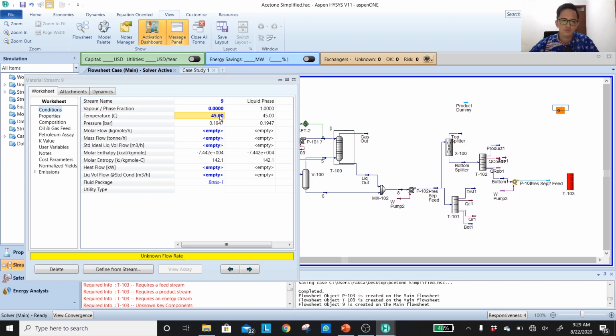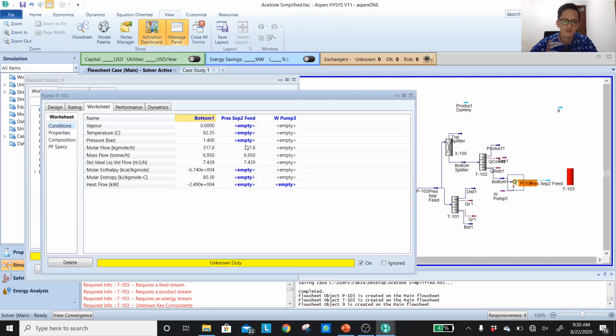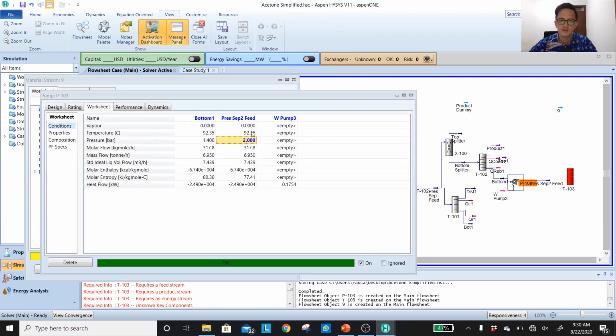And again, we don't want to do that. So I'm going to compromise the temperature. We'll use the mildest pressure, another 1.2 bar, slightly above atmospheric. It's atmospheric, but prevents any vacuum condition. 85 degrees C, that's very doable. So I guess we will have a similar pressure profile in the second distillation column: 1.2, 1.4, and 2 bar at the feed.